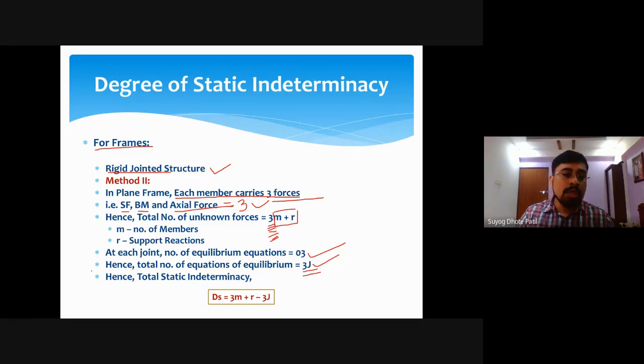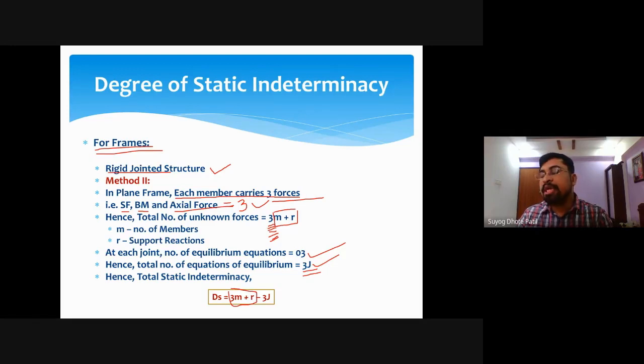Hence the total static indeterminacy for a particular plane frame is 3m plus r minus 3j. It is a blend of known and unknown forces. This 3m plus r we don't know, the support reactions we don't know.